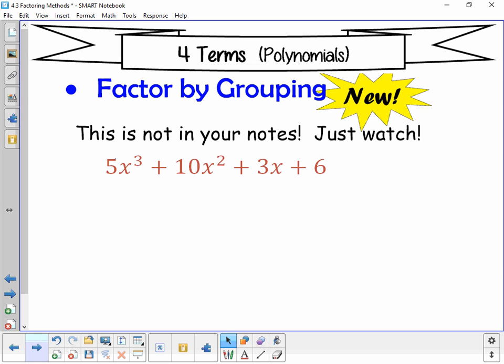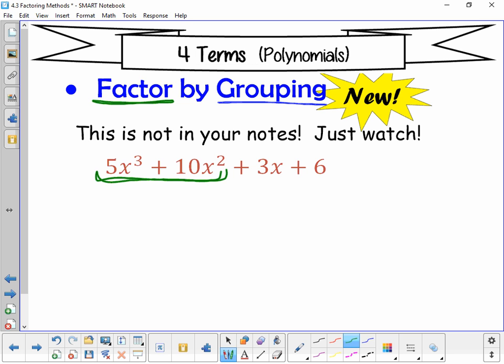Okay, our last factoring strategy of the day is a new factoring strategy, and it is called factoring by grouping. This is used when you have, or you can try to use it, when you have 4 terms. So we're going to do a couple of these to get the hang of it. When you're doing factoring by grouping, you break the polynomial into 2 groups.